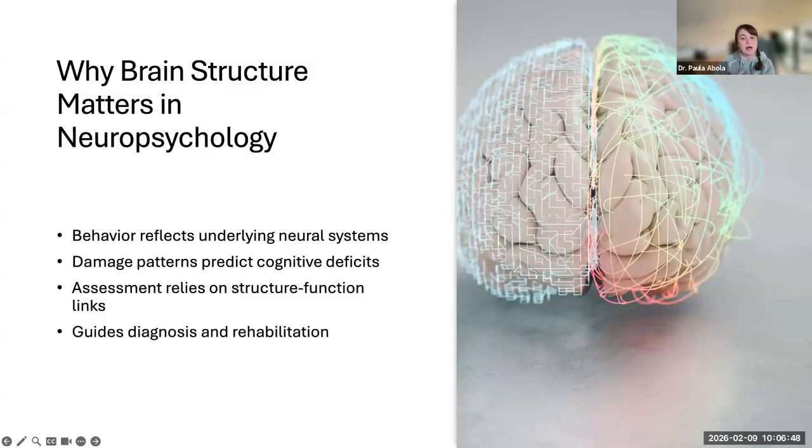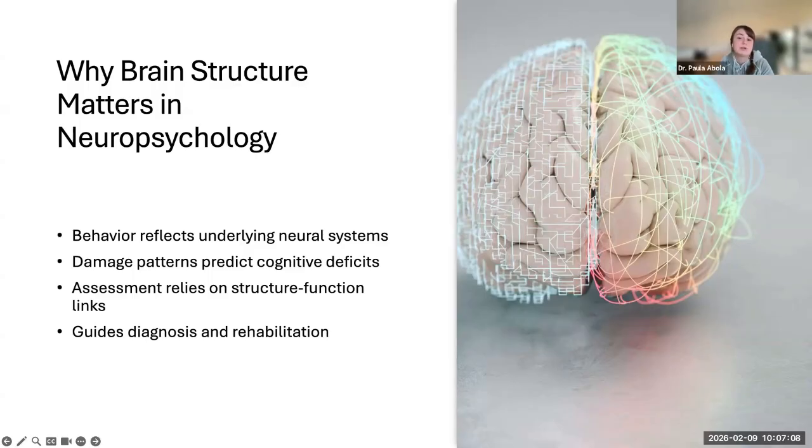These patterns allow them to make informed inferences about which brain systems are functioning normally and which may be compromised. In this sense, neuropsychology is a form of applied neuroscience, translating biological information into psychological understanding.